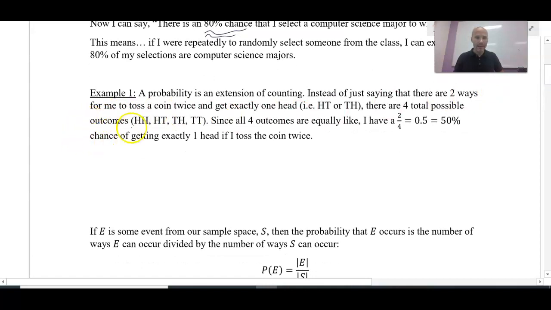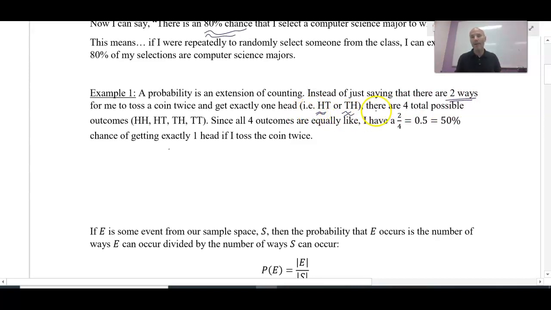Okay, so probability is just an extension of counting. What I mean is, let's say that we toss a coin 2 times and we want to get exactly 1 head. That means either heads tails or tails heads. There are 2 ways that we can get exactly 1 head. That's where our counting problems usually stopped.